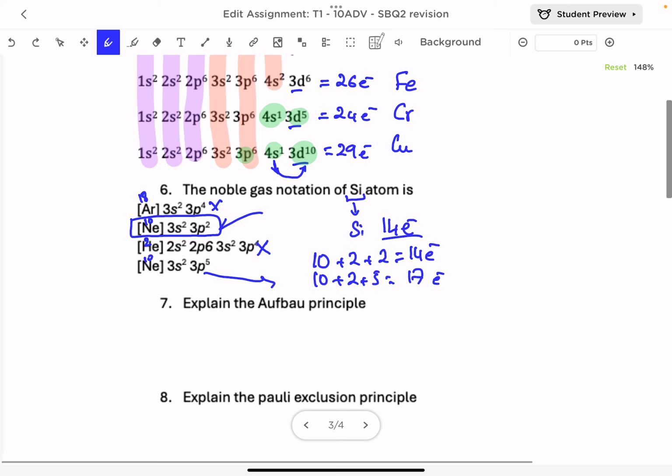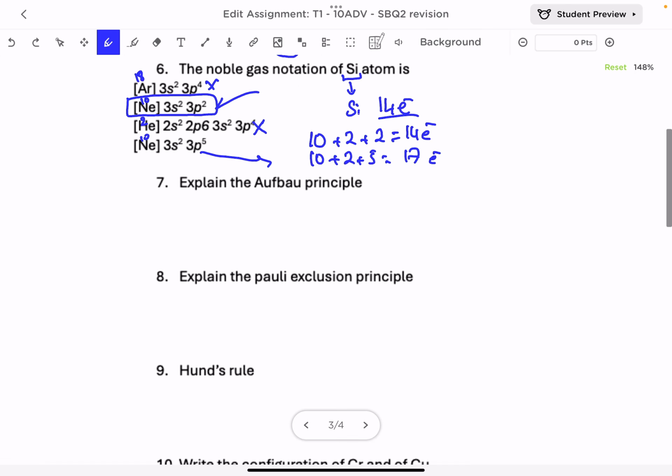Okay, so again, since this is a revision for your quiz, it is very important that you know how to explain the principles that we follow when we are doing the electron configuration.